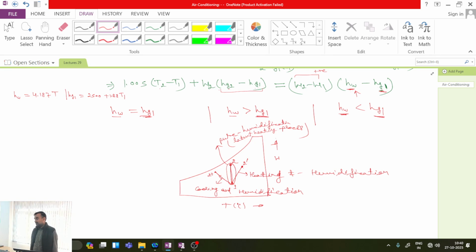Okay. But is it practically possible to supply water to the air whose enthalpy is exactly equal to that of the enthalpy of the room air? So it's not practically possible. This type of latent heating majorly happens because of infiltration. Infiltration means, say this is the room and you are in some sea region. Close to the sea you will find very high humidity.